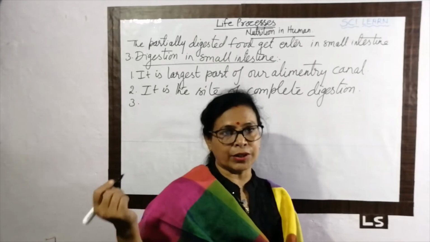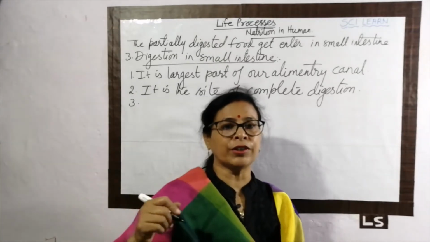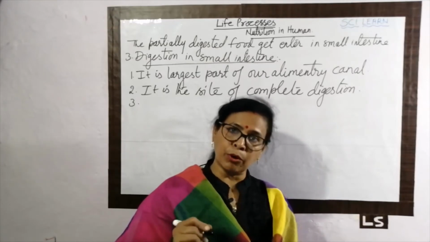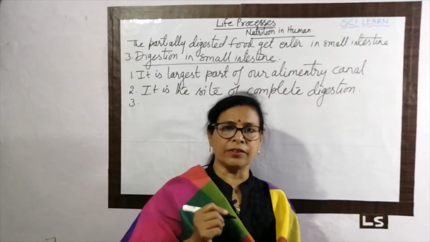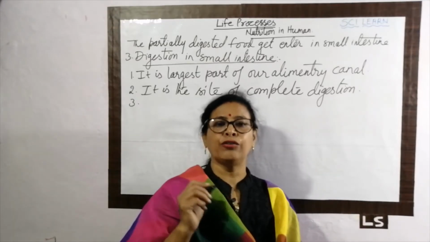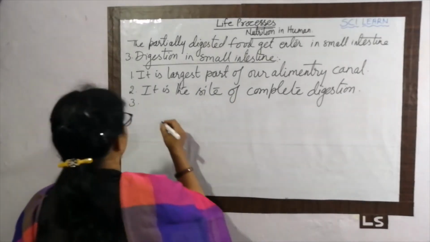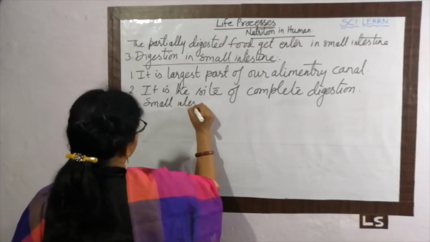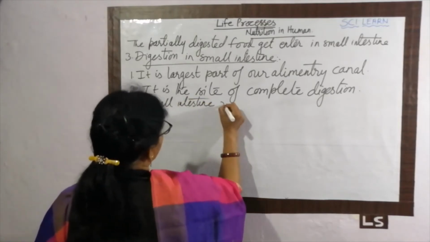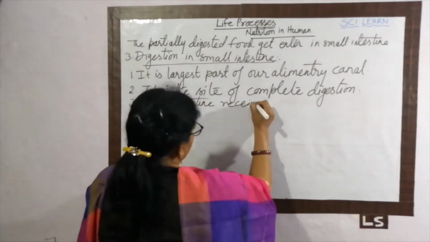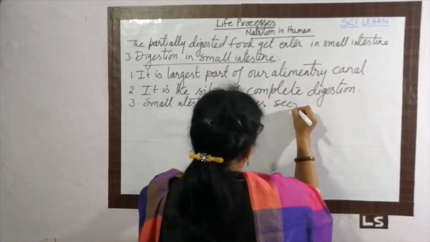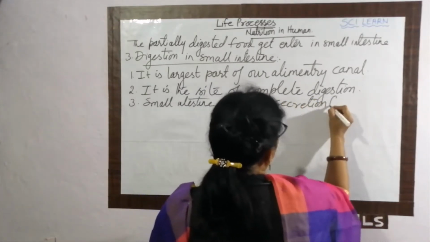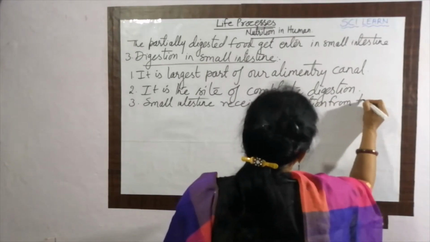Protein starts getting converted into a simpler form. Then our food reaches the small intestine. The small intestine is important because it receives secretion from two glands.